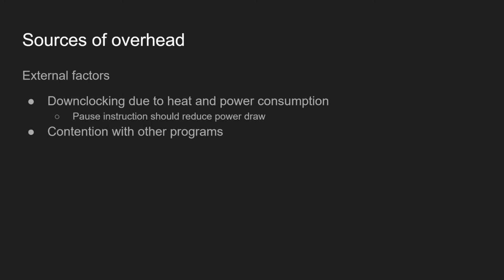There are also some external factors that don't necessarily directly have to do with your program. One of those is that simply running on multiple different threads means that the CPU is going to be drawing more power and producing more heat, and that may result in the CPU or the operating system downclocking the CPU to either conserve power, to stay within a power budget, or to avoid overheating.